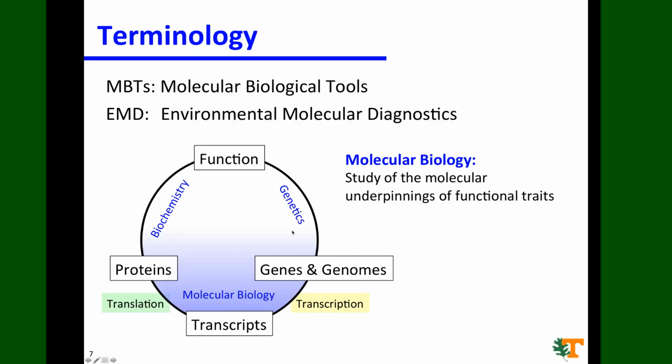The study of genes related to function is genetics. And so the area where we investigate genes, genomes, transcripts, and proteins, that's considered molecular biology. So what molecular biological tools do, they interrogate the interplay between genes, transcripts, and proteins. So those are the target molecules that we try to identify and quantify, applying molecular biological tools to environmental samples.